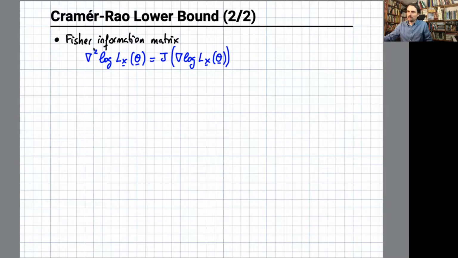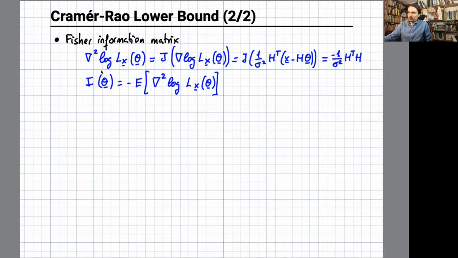And by the facts that you can find in the document on derivatives that I mentioned earlier, the Hessian is just the Jacobian of the gradient, right? And the gradient we obtained in the previous slide, so it can be substituted here, right? And just by obtaining the Jacobian of this expression, we find the Hessian, okay?